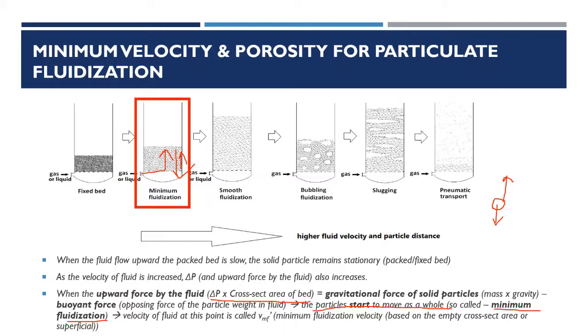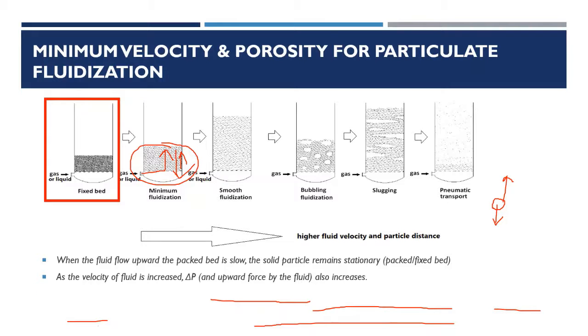And the velocity required to create a minimum fluidization, the velocity that is required to create a force that is equal to the gravitational force minus buoyant force, we call V'MF, or superficial velocity at minimum fluidization.